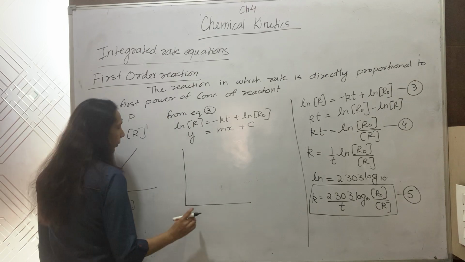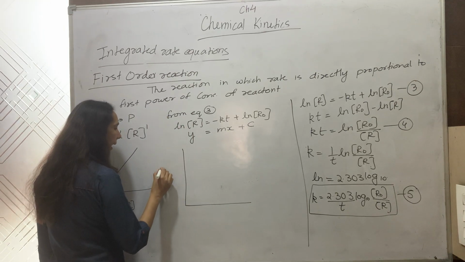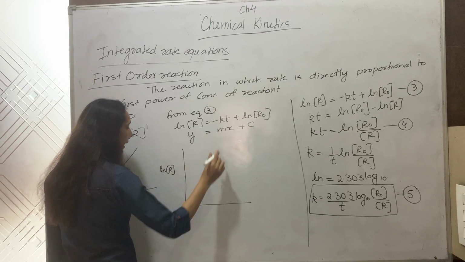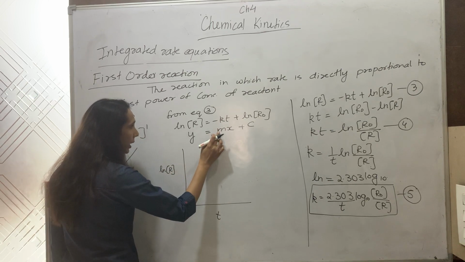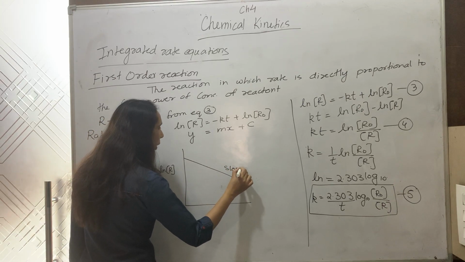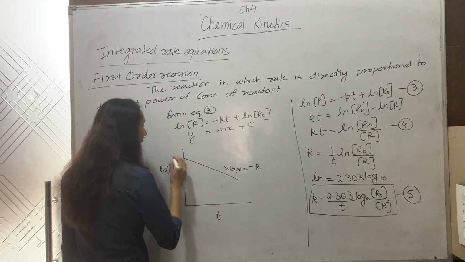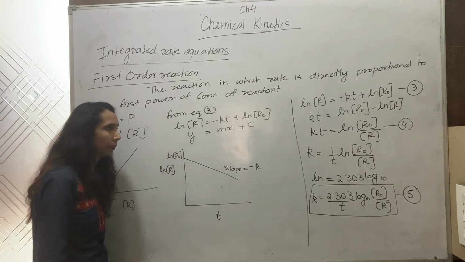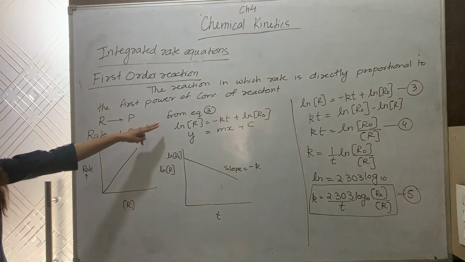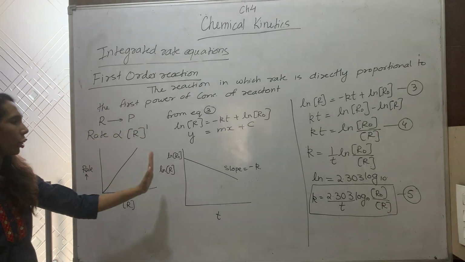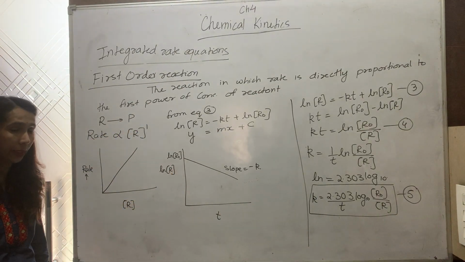Now, I take y as ln [R], I take x as t. m is the slope, minus k, it is negative. The slope is equal to minus k and the intercept is ln [R]0. So this is the graph from equation 3.